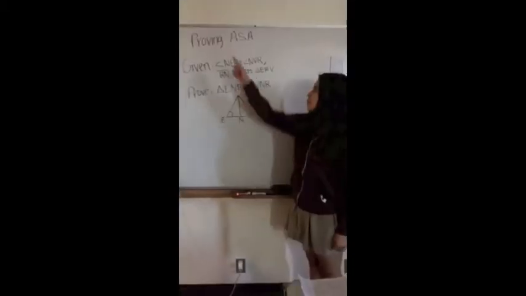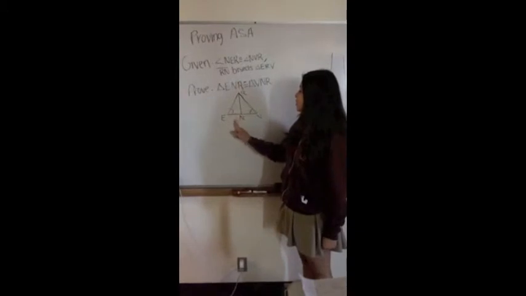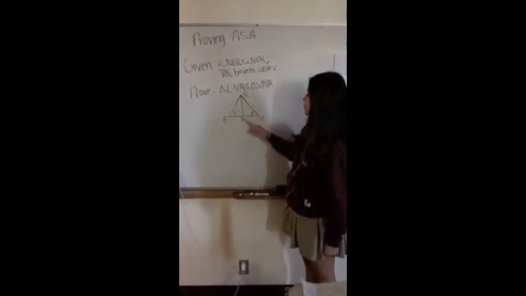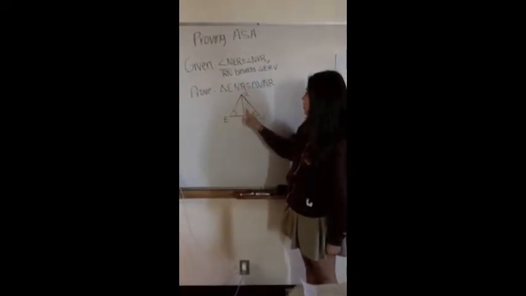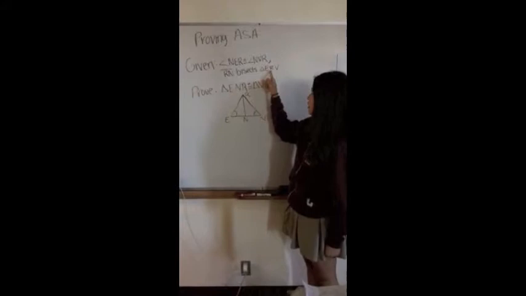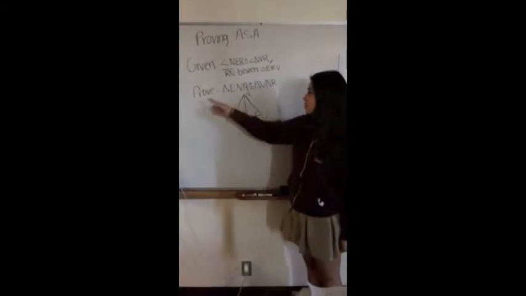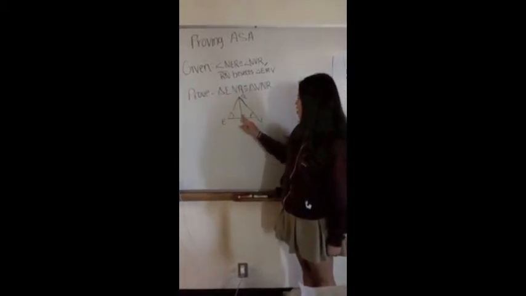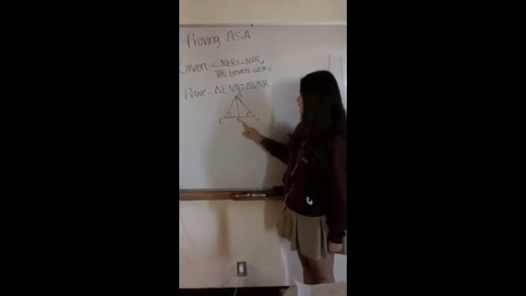Now we're going to prove the Angle-Angle-Side Theorem. Given angle NER is congruent to angle NVR, and RN bisects angle ERV. We must prove that triangle ENR is congruent to triangle VNR.